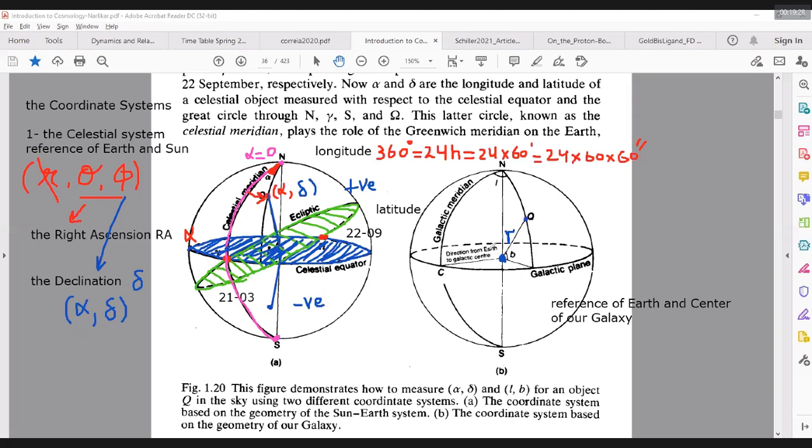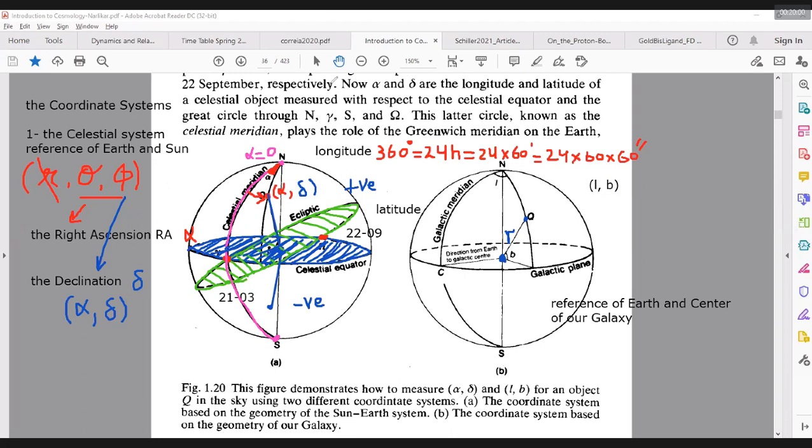Then what are the other two parameters in this case? In this case, the two parameters are L and B. Once again, L and B are distances, but measured in terms of angles. So these are practically angles. Let's see how do we measure these angles.